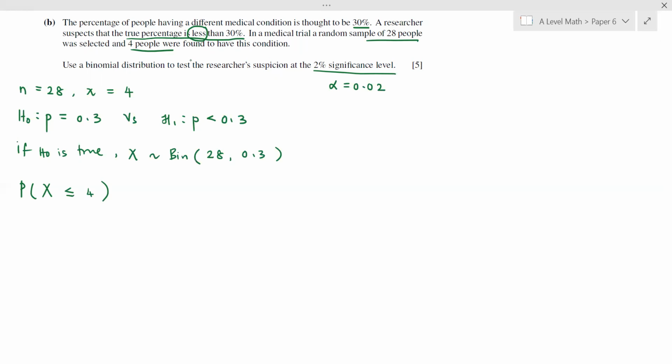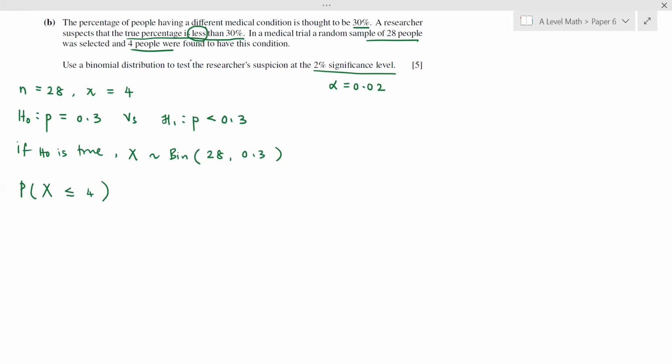If this probability is less than 0.02, then we have a rare event, meaning that the null hypothesis is no longer true and it can be rejected. That is what we are testing here.